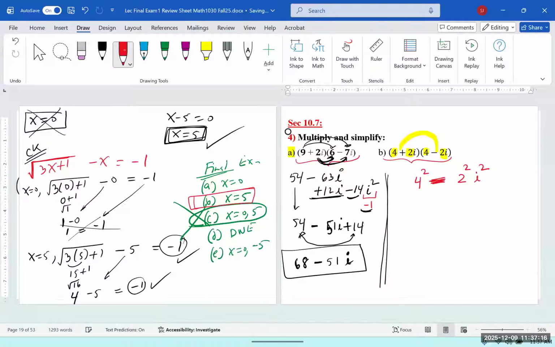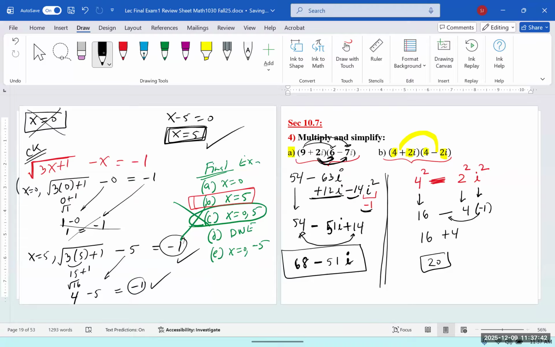So you square all the bases, and then you simplify. 4 squared gives us 16, 2 squared gives us 4, i squared gives us negative 1. So we have 16 plus 4, and then this becomes 20.